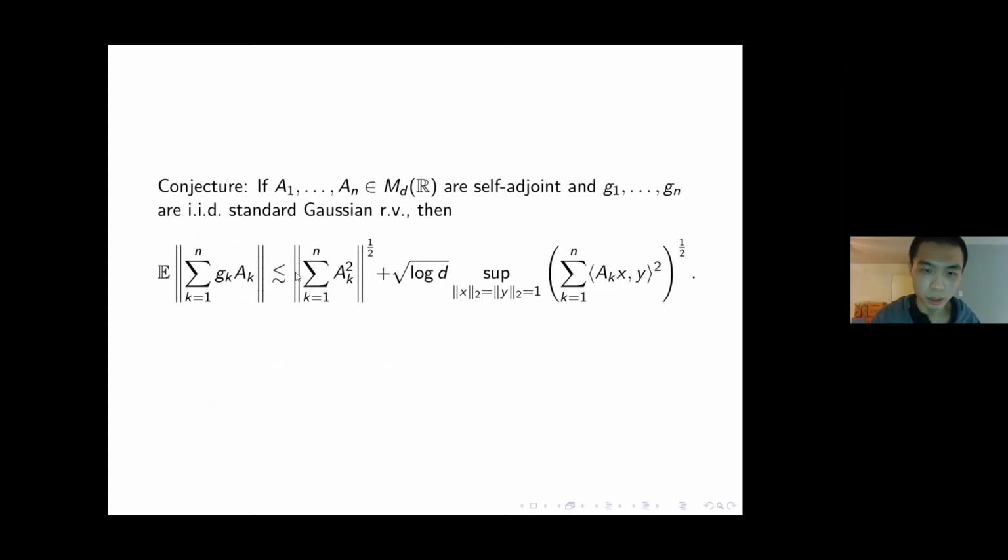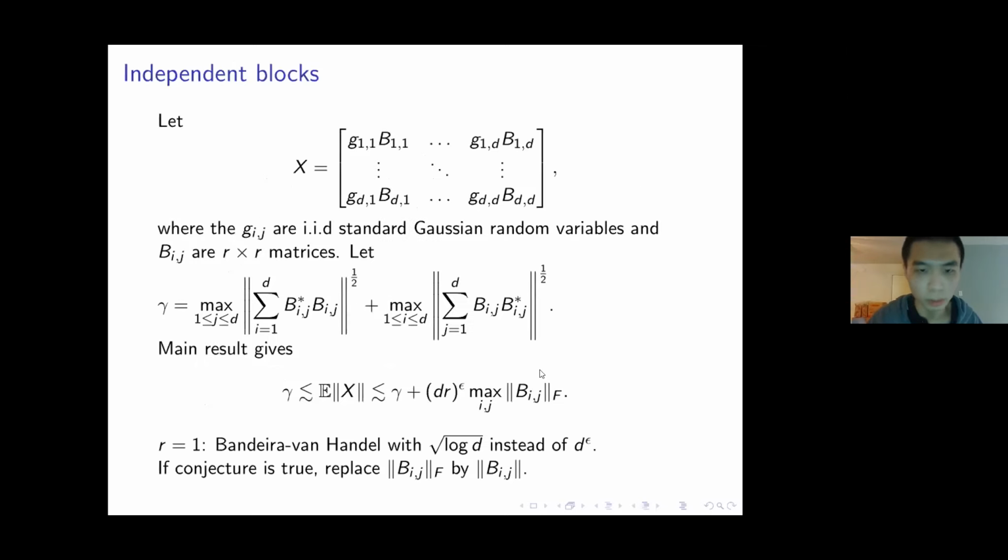Okay, there is this conjecture that would improve what we get for our main result. I just want to make an illustration of what this conjecture means. So there's still an example where, rather than all the entries being iid Gaussian, it's a block matrix.